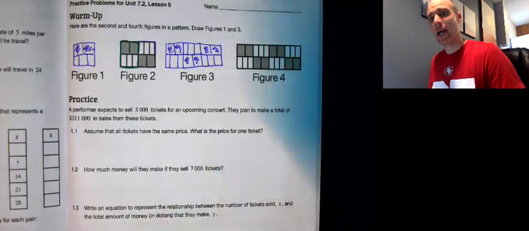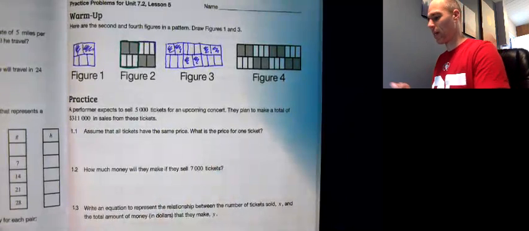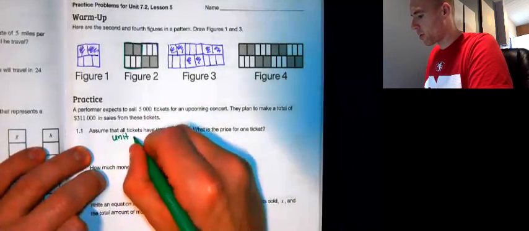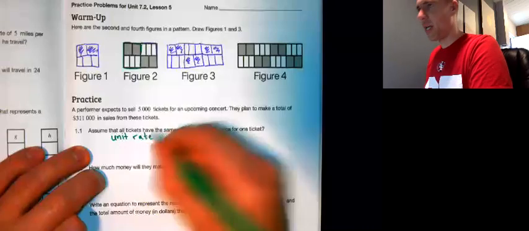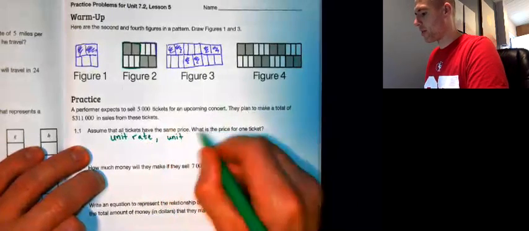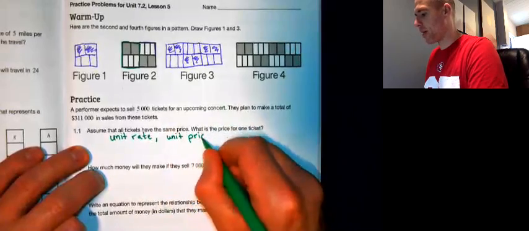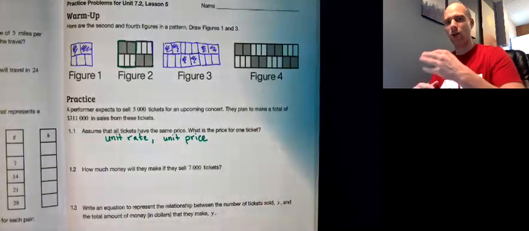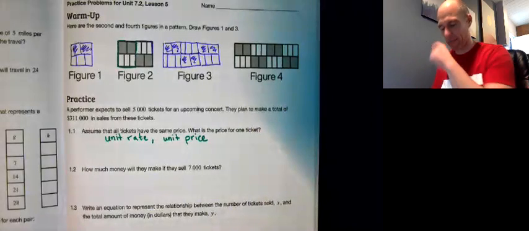All right, so what we're trying to calculate here is what we refer to as a unit rate. Or in this case, if we wanted to be even more specific, we could call it a unit price, just because the type of rate we happen to be working with here is a price. It's a dollars per something, dollars per ticket.